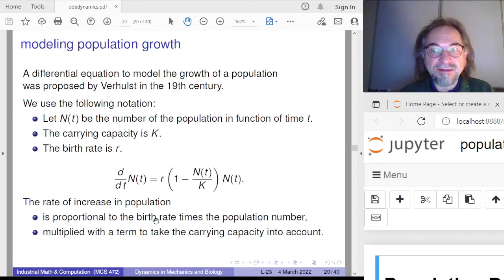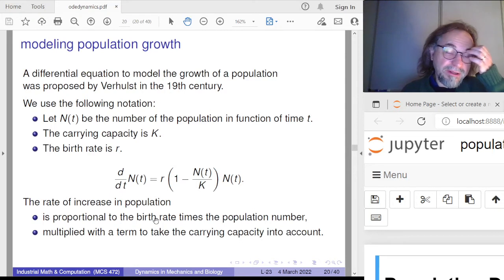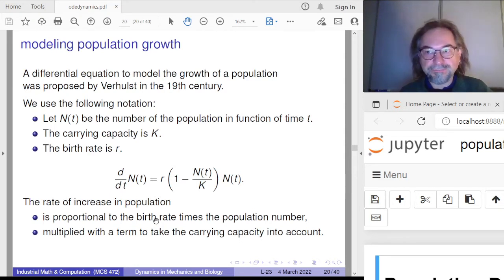We have a population that evolves in time. The carrying capacity is capital K. Last time we derived the capital K by looking at the Taylor series for the right hand side. Here the carrying capacity is in the design of the right hand side. And of course we have the birth rate. The birth rate is the first factor.